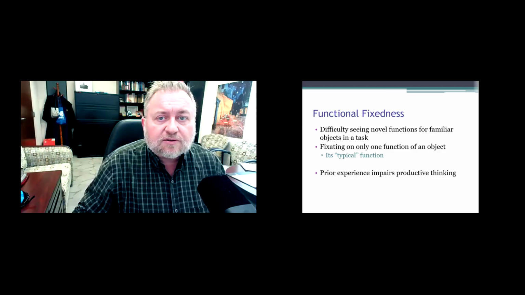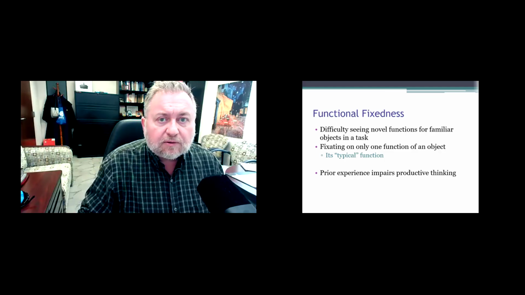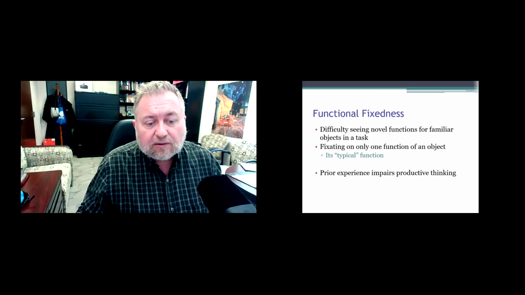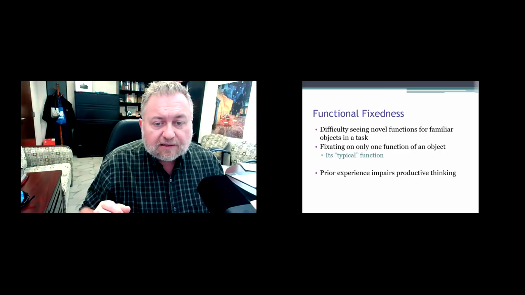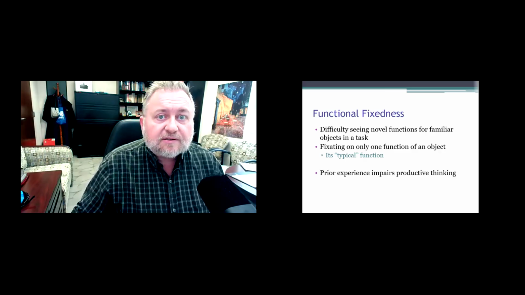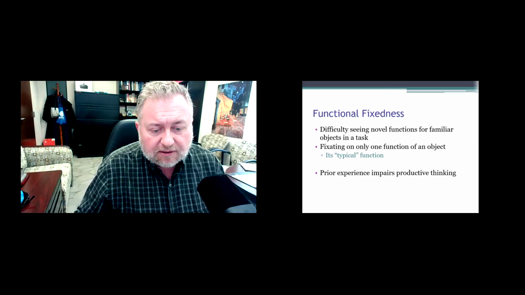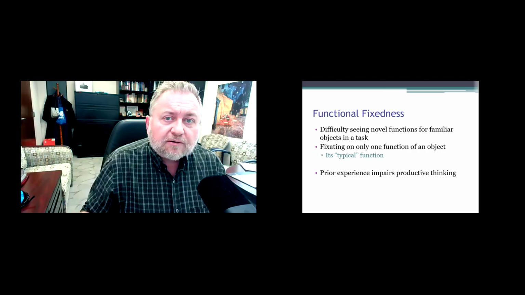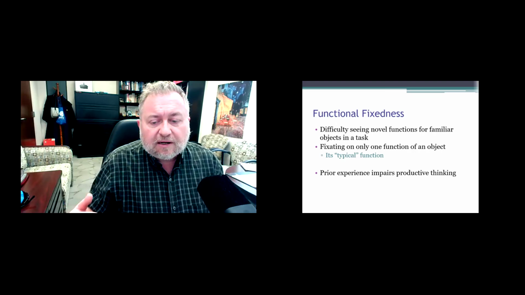Which means that we get fixed or fixated on the typical function of our tools. And then when it requires that we use it for an atypical purpose, that's when it takes a little bit of extra time.